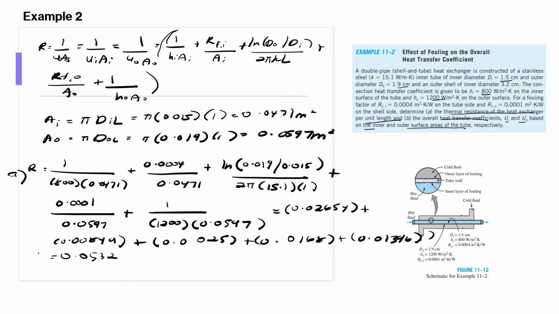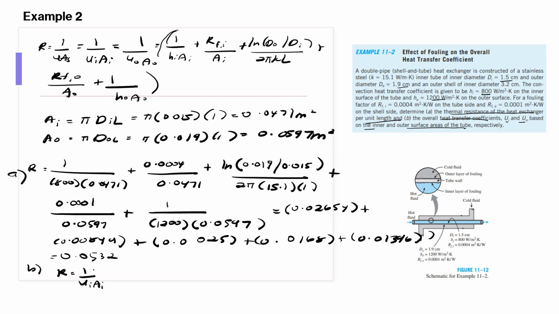Now we need to calculate the overall heat transfer coefficient. So for B, we need Ui and also U naught. R is equal to 1 over UiAi.